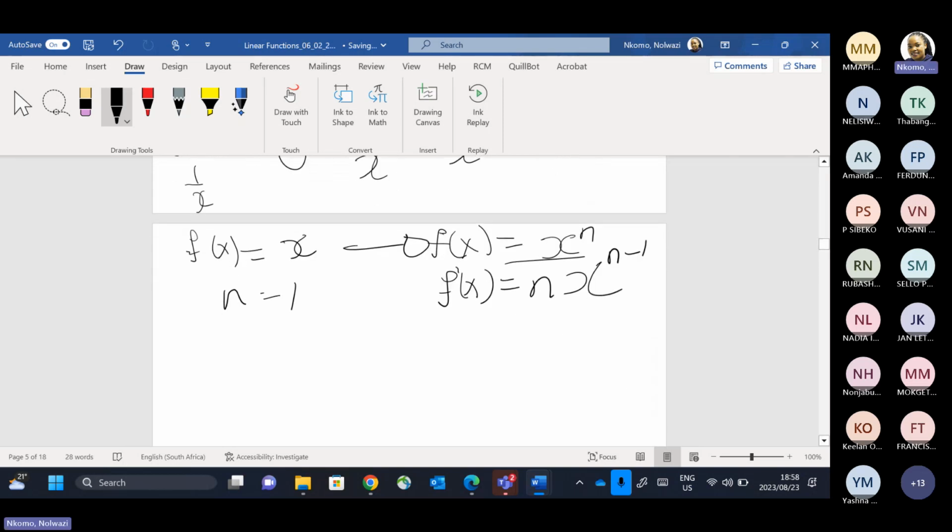If your n is equal to 1, you go to this derivative, you substitute 1 where there is n. This means you'll have f prime of x, okay, we have n is equal to 1. So we have 1 times x to the power, our n is 1 minus 1. So this is the same thing as x to the power 0, right? And we said any number raised to the power 0 besides 0 is 1.